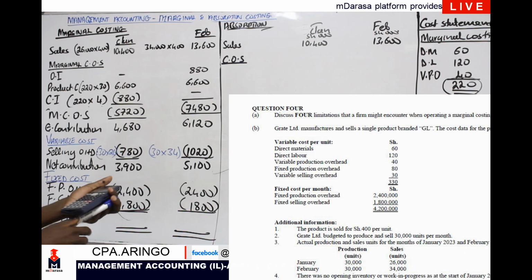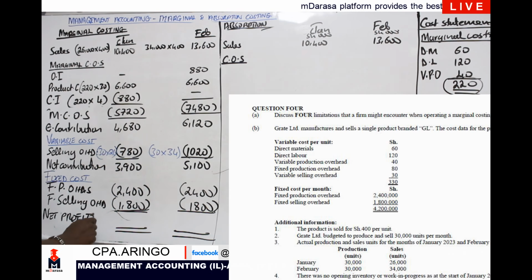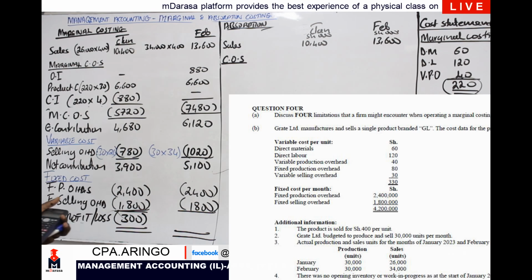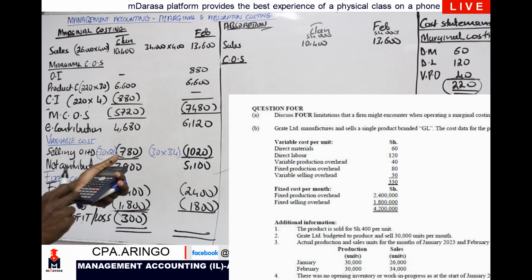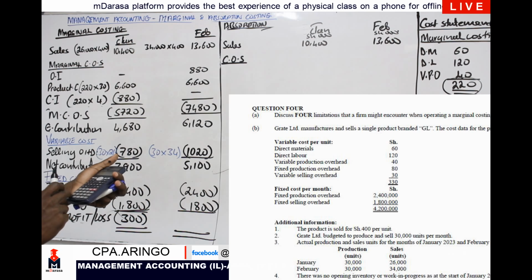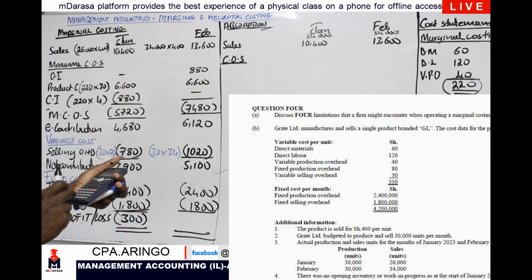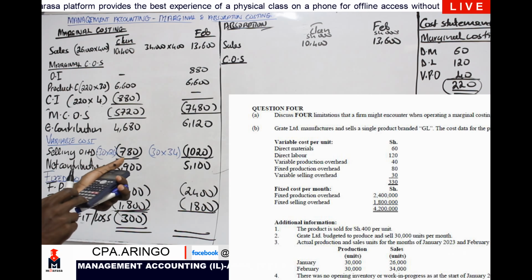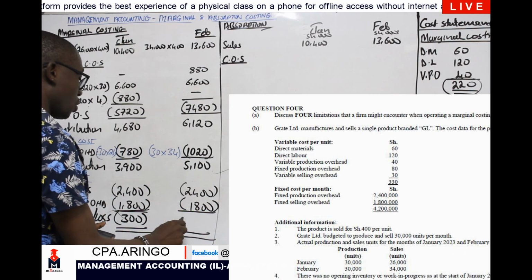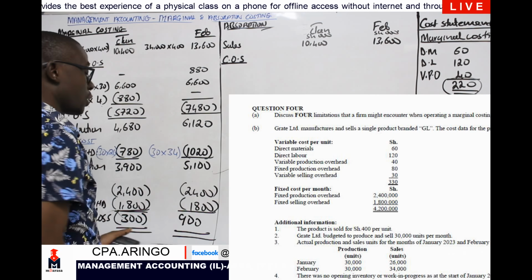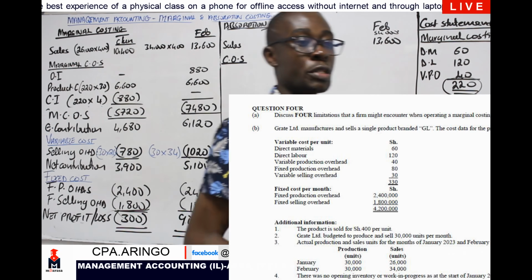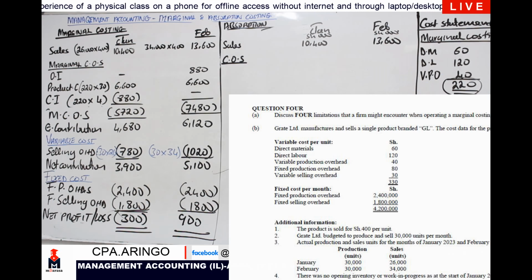I can see I'm having a loss. So net profit or loss, in this case, I'm having a loss of 300,000, which is okay. The other one, I'm having 5.1 minus 2.4 minus 1.8. So this one I'm having a profit of 900. You have all your 6 marks.